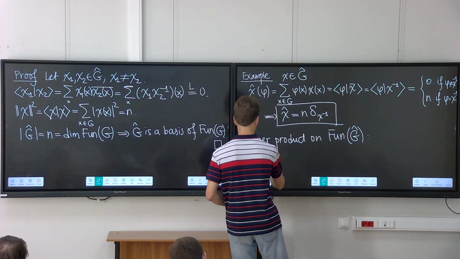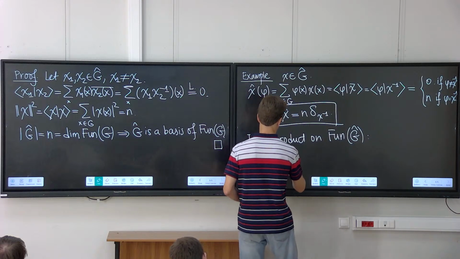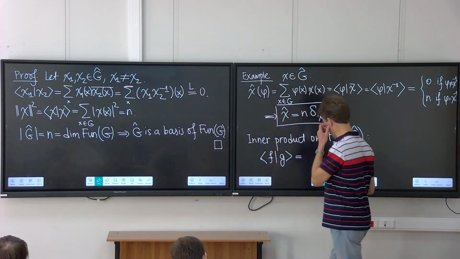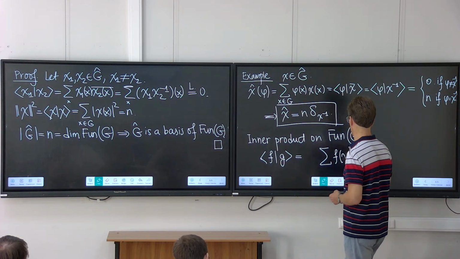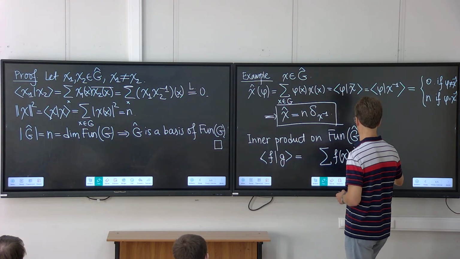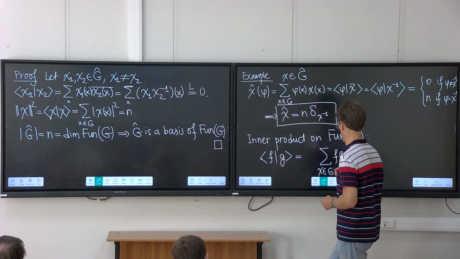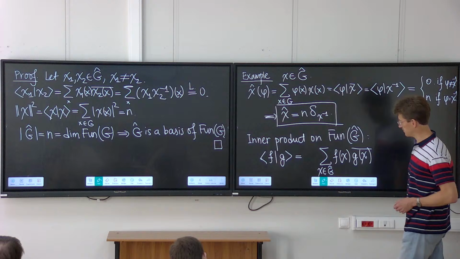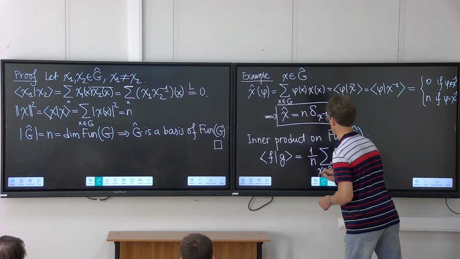We define it as follows. Well, it seems natural to take a similar sum of f(chi) times g(chi) conjugate over all characters. But for technical reasons, it will be convenient to put a constant 1 over n here.